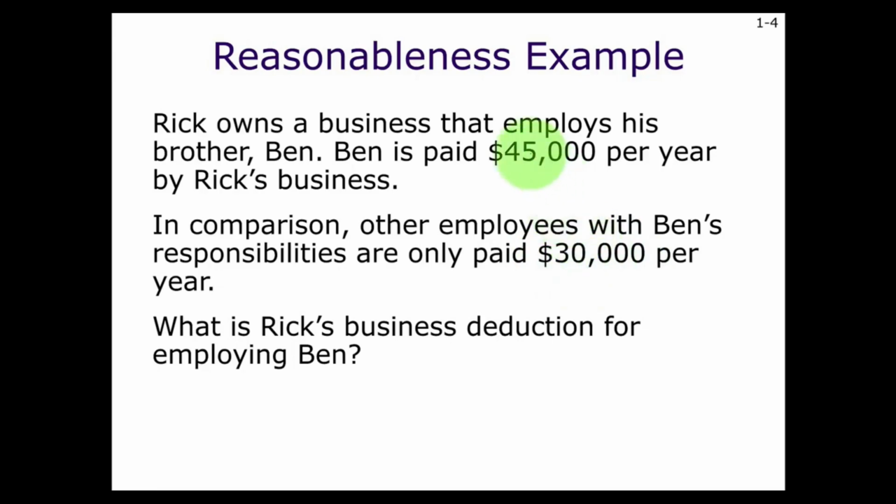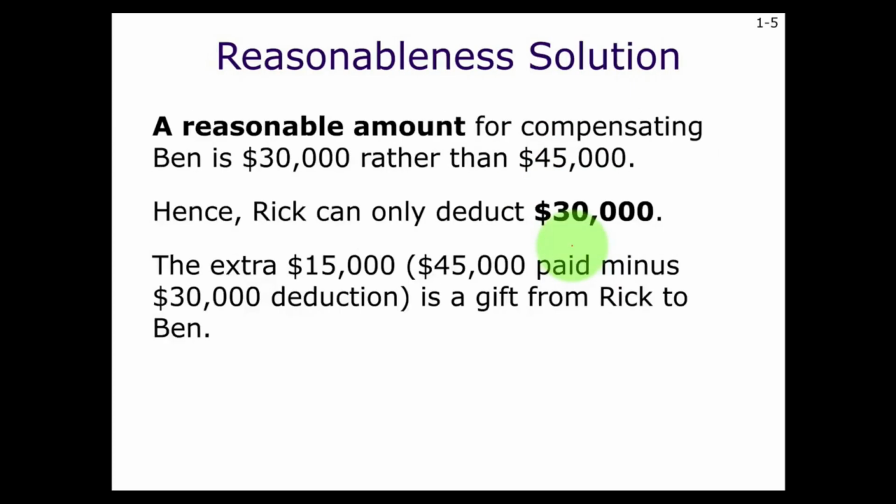So how about that extra 15? Can Rick deduct it? Well, here according to the next slide, it's more of a personal gift Rick is giving to Ben, and not necessarily compensation for work Ben has done. And when you pay a personal gift, you can't deduct that. Okay, so just $30,000 is deductible.